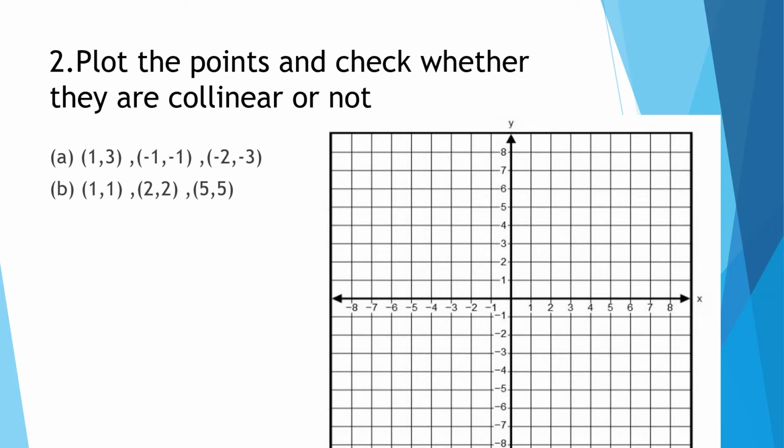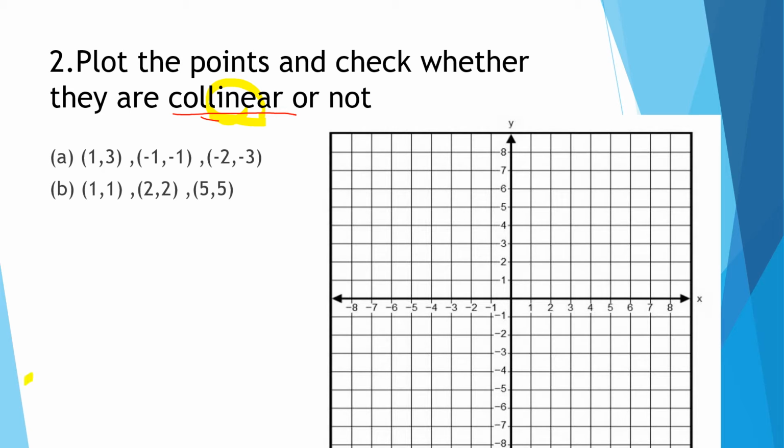Plot the points and check whether they are collinear or not. Before solving this question, let us discuss what collinear is. In this word, can you find the term "line"?